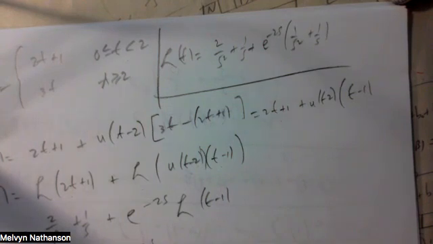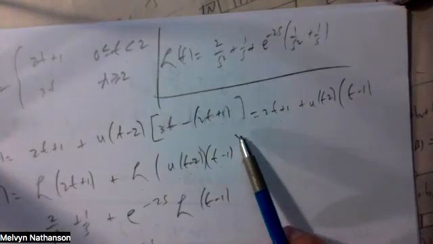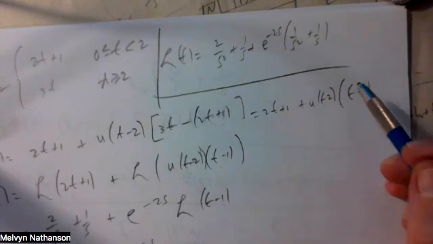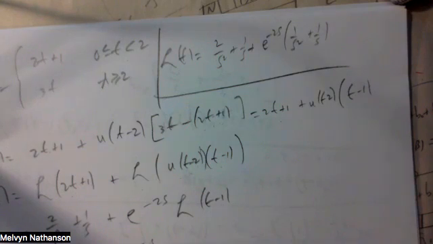And what is the Laplace transform of t minus 1? It's 1 over s squared minus 1 over s. Sorry, 3t minus 2t plus 1 is t minus 1.